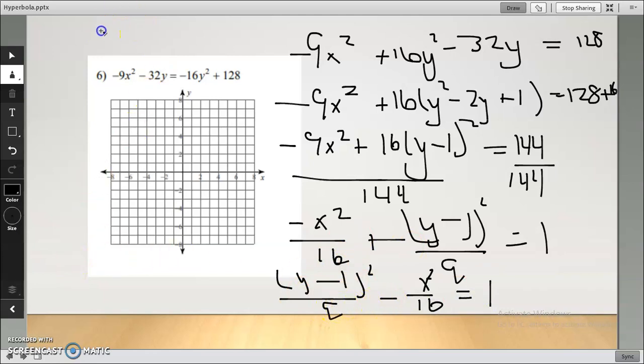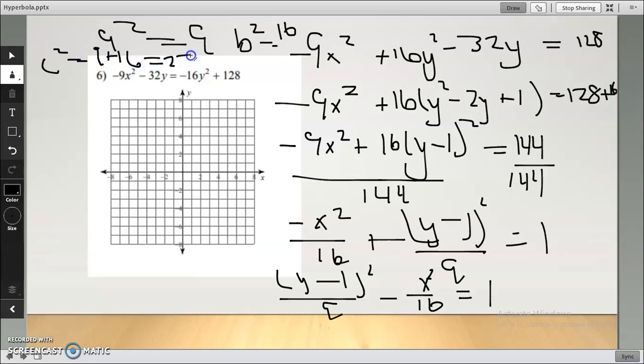So my a squared equals 9. My b squared equals 16. My c squared is equal to 9 plus 16, which is 25. So my c is equal to plus or minus 5.